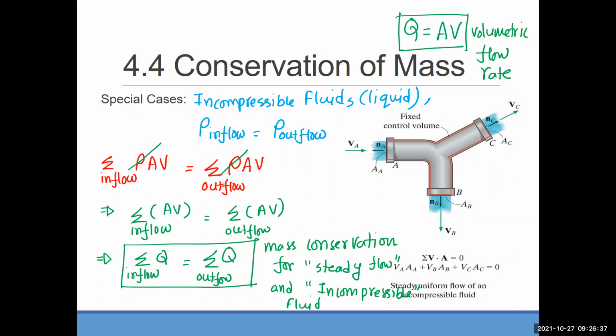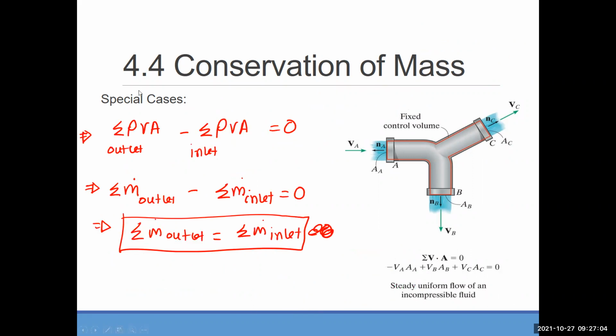Okay. So now we have two simplifications. One is for steady flow, one is for steady incompressible fluid. I would recommend every time you start only from the steady flow. Don't start from this point. Because I saw in the past you used this equation even for gas and got the wrong answer. So always start with this one, rho AV, rho AV. Okay.